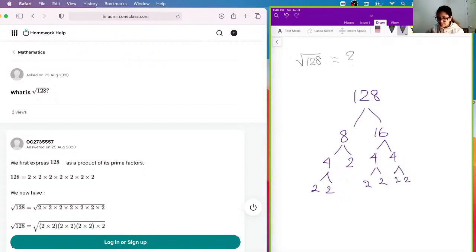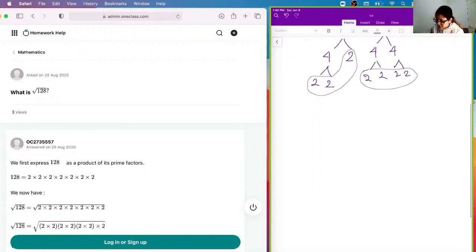In this case, what we're going to do is take the smallest factor, which is 2. We have here 7 2's. We're going to express all of this under a square root.